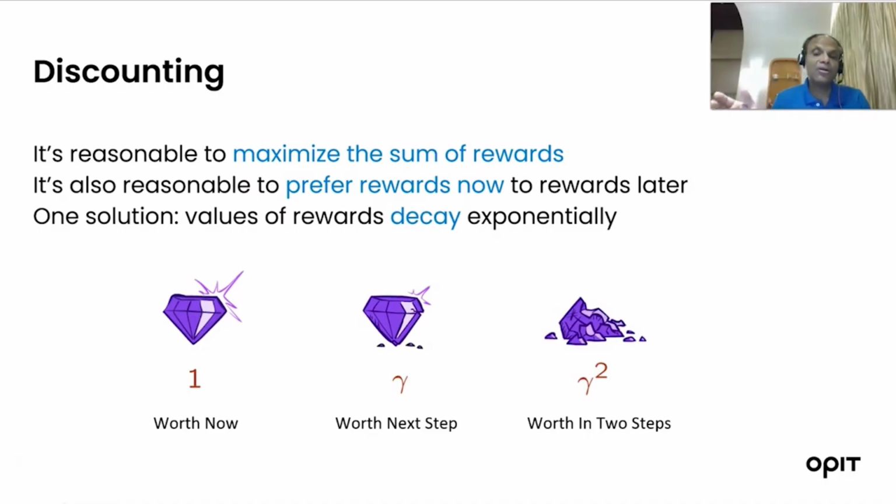If I take the reward many steps away, as you can guess, because gamma is a fraction between 0 and 1, gamma squared becomes smaller, and gamma to the power of k is even smaller, which means that if I'm looking at a reward of 1 now, and I wait, let's say, 100 steps, then the reward will be worth nothing. Okay, so this makes rewards decay.